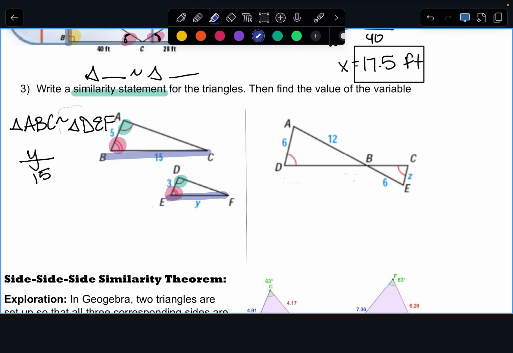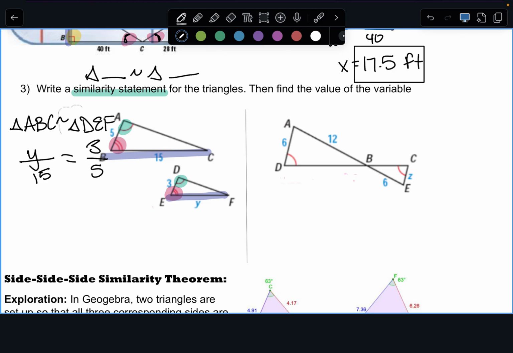Those two are corresponding sides. Now I need to find another side length that's going to help me when I use the butterfly method. So the only other number I see is 3 over here. That's for DE. It needs to go on top because it's from the same triangle that y was from. And then this 3 goes with 5. So I'm going to put it over 5.